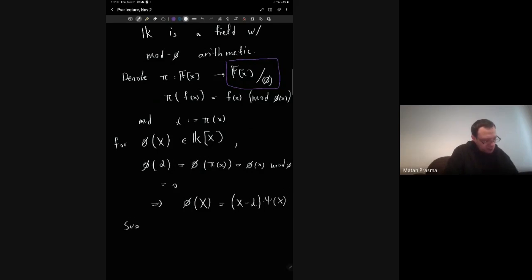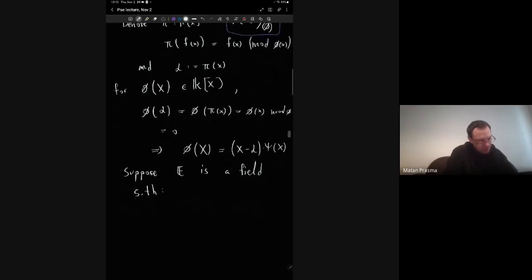So suppose E is a field such that two things happen. One is that E contains the field F, and two, that alpha is an element in E.